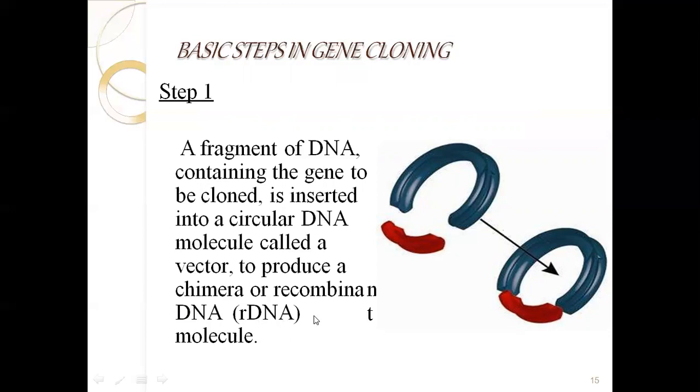This is called rDNA. Basically, this circular DNA is first cut by a restriction enzyme. Then the gene of interest is inserted, that is, ligated by ligase enzymes, and then sealed. This is the first step of cloning.